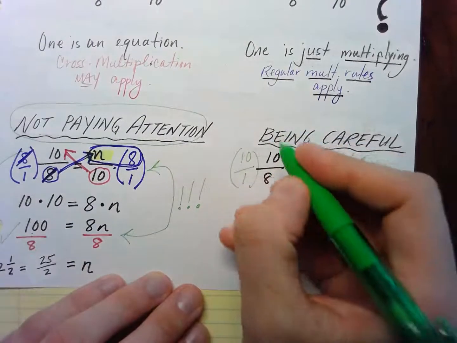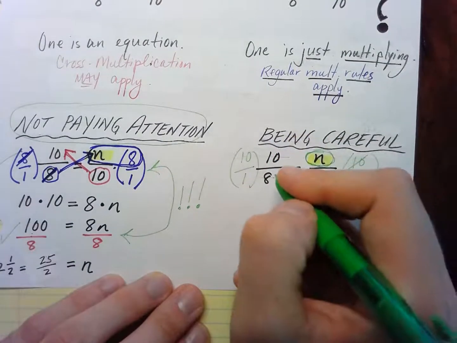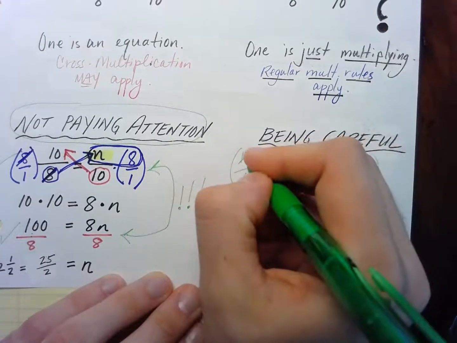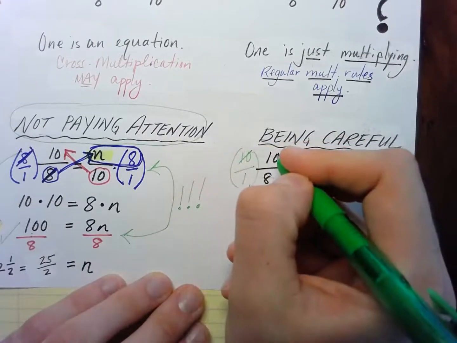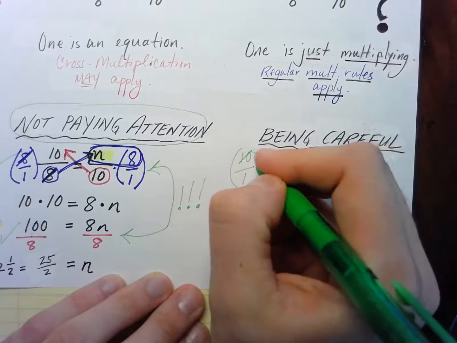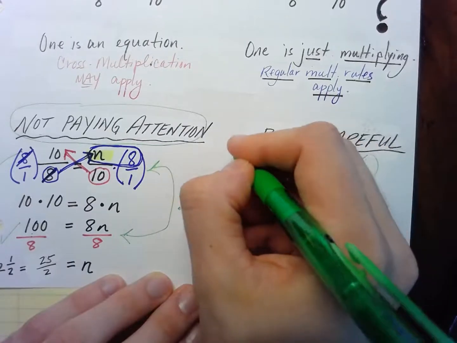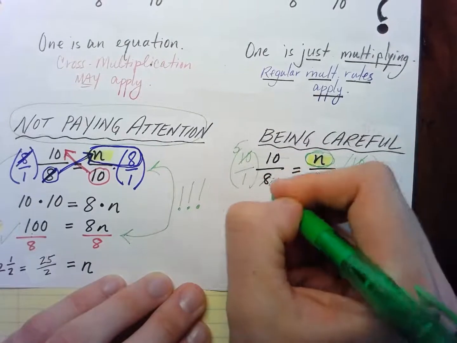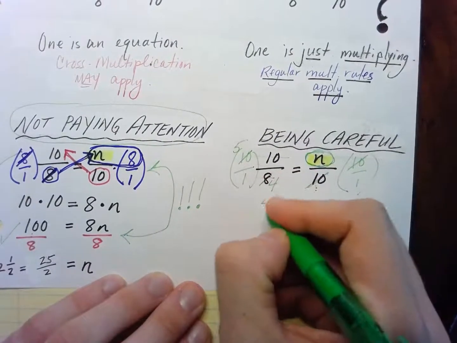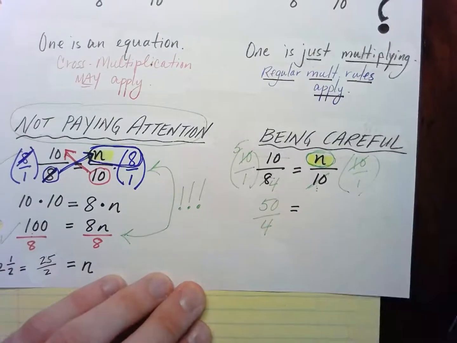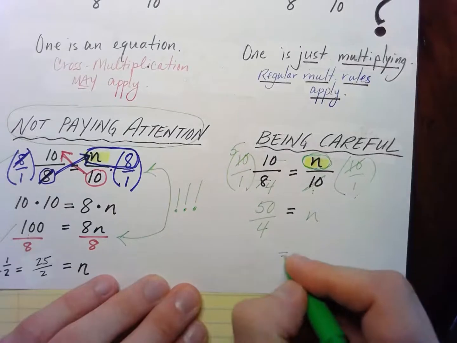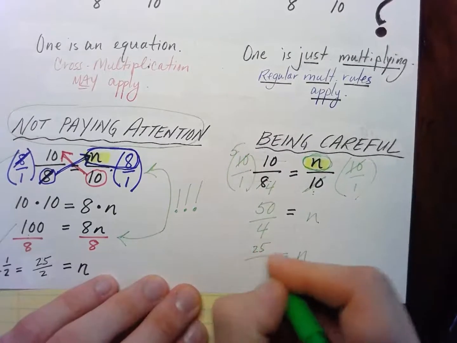Or I can take an opportunity and just reduce: 2 goes into 10 5 times, and it goes into 8 4 times. And so then I would have 50 over 4, and then over here I'm just going to have n, and so then I can still reduce that and get the 25 over 2.